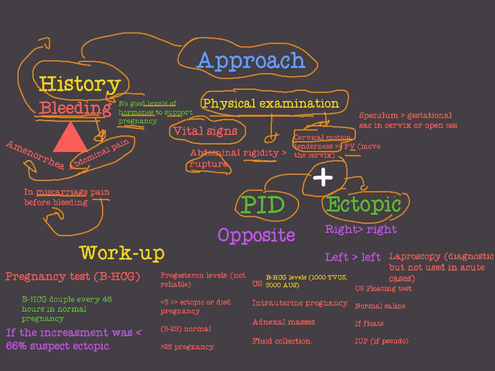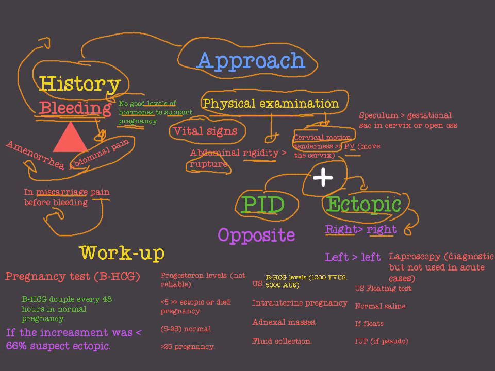How do we differentiate by cervical motion tenderness? Is it pelvic inflammatory disease or ectopic pregnancy? In ectopic pregnancy, if you move your finger to the right side and the patient has pain in the right side, then it is ectopic.